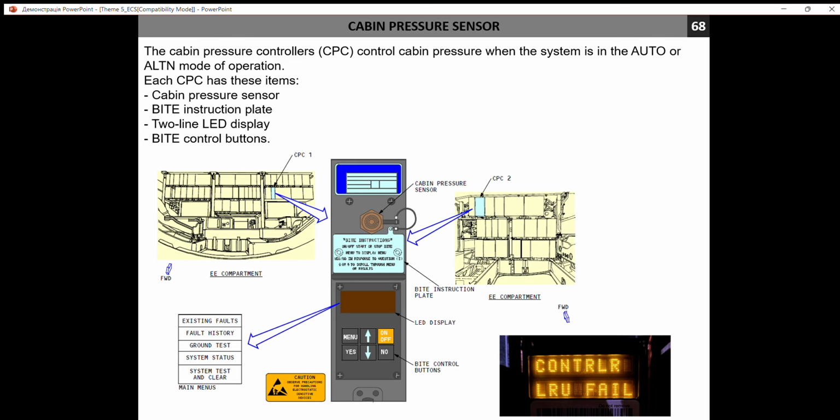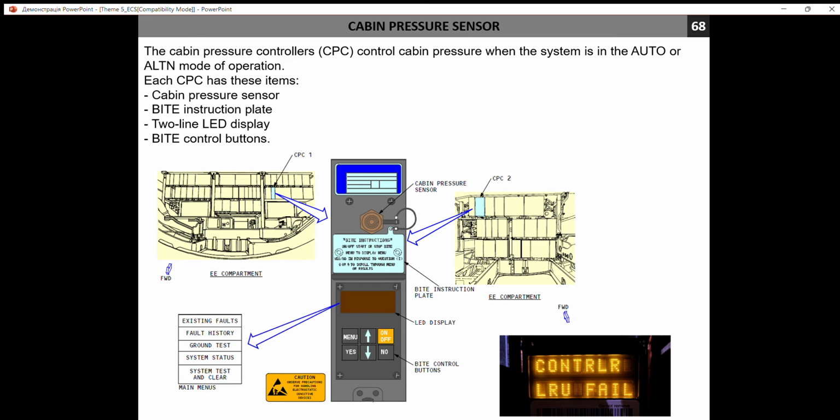And they also have different types of BITE, built-in test equipment. So when we press the test button, it shows you information about the state of this component.